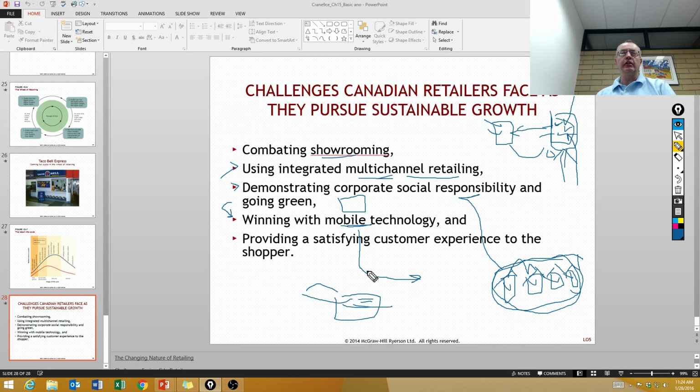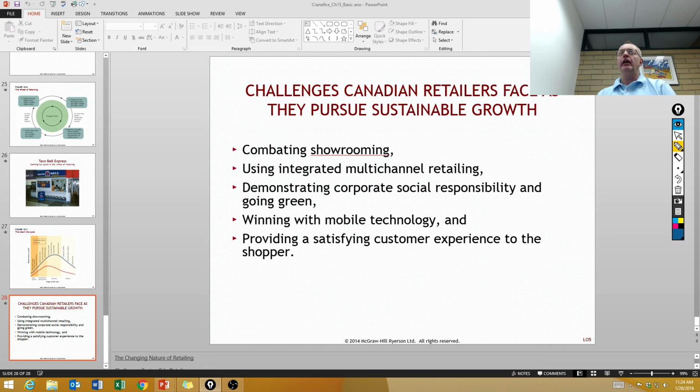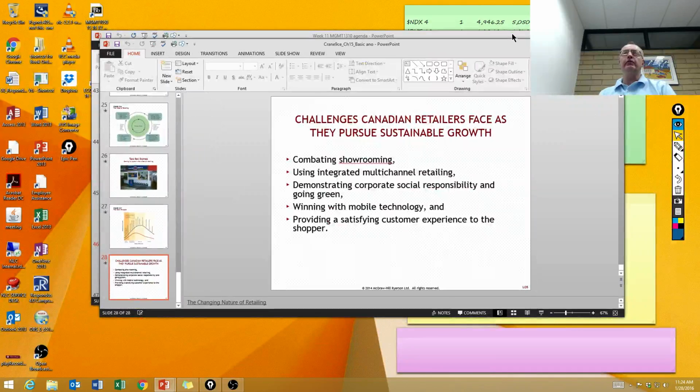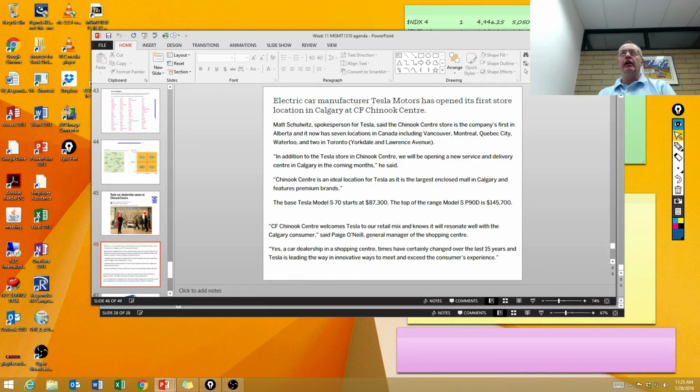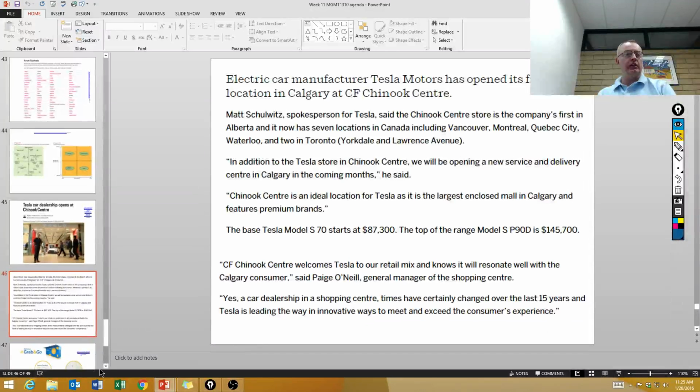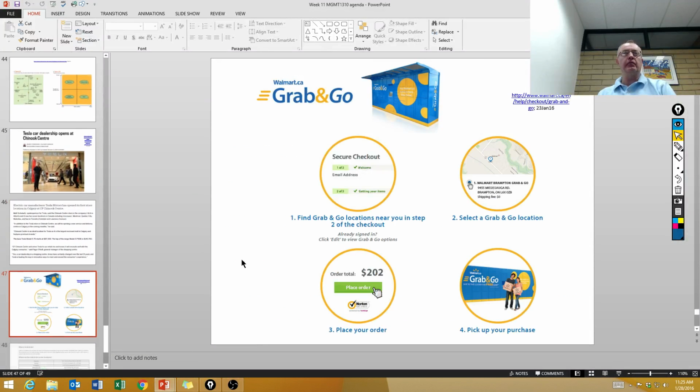But Walmart also has another piece of technology, well, I guess it's not really mobile technology, that allows you to order the products at home. You order these products online, and then the product gets delivered to somewhere in your neighborhood where you go and physically pick it up. At Walmart, that's called grab and go.